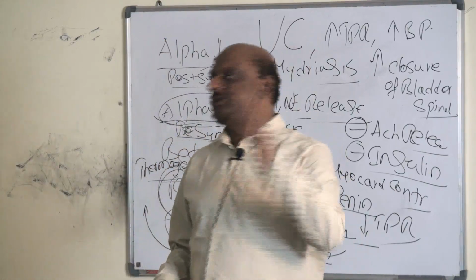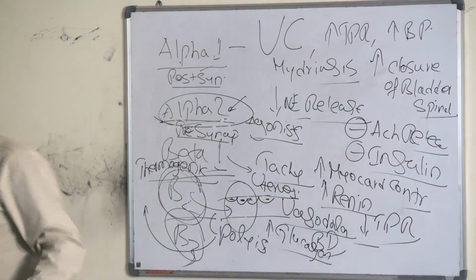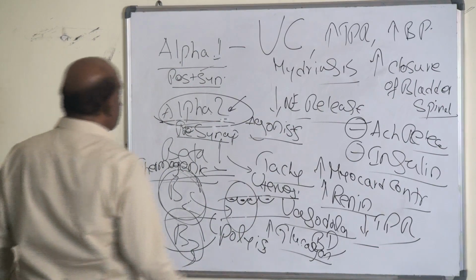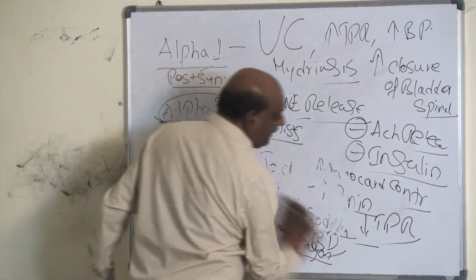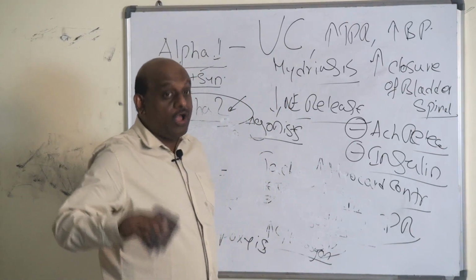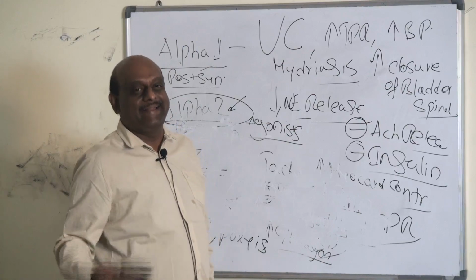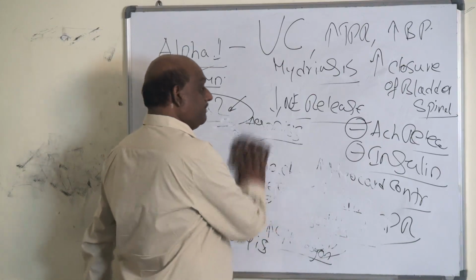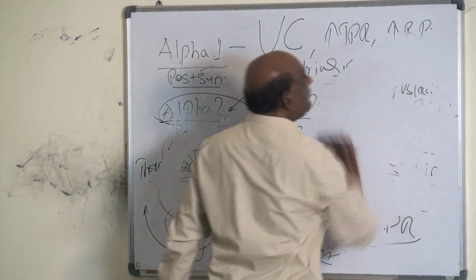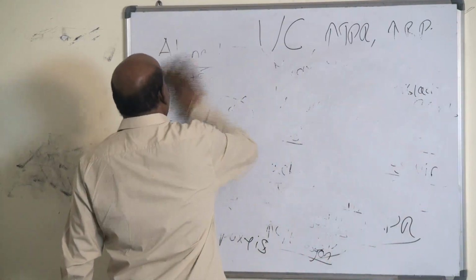You have to be a master and champion. ANS pharmacology is the only part of pharmacology where rote memorizing is very little; logically answering, logically reasoning it out is much more. That is important. Okay.